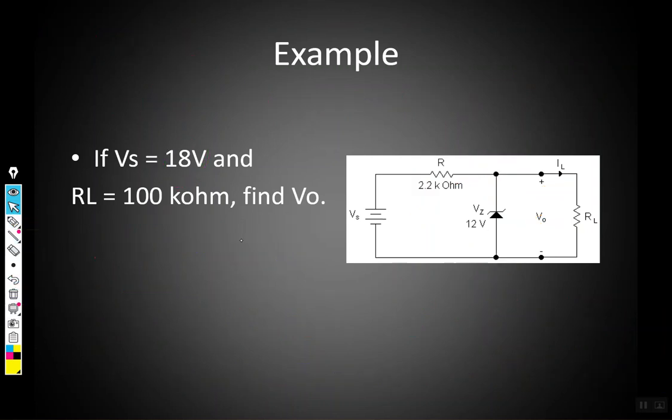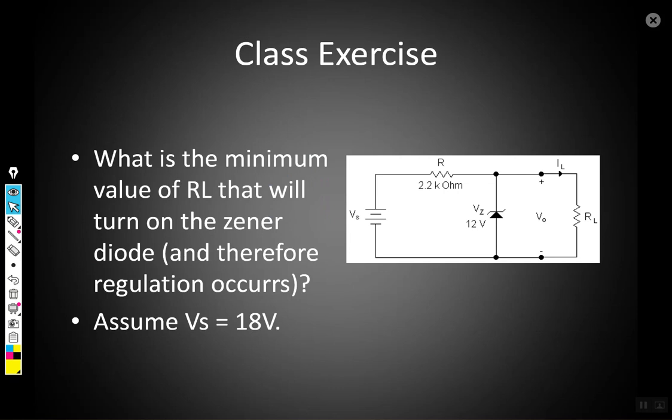So let's look at one more example here. Okay, so the question here is what is the value of this load resistor? What's the minimum value of RL that will cause the Zener diode to turn on and start regulating, right?